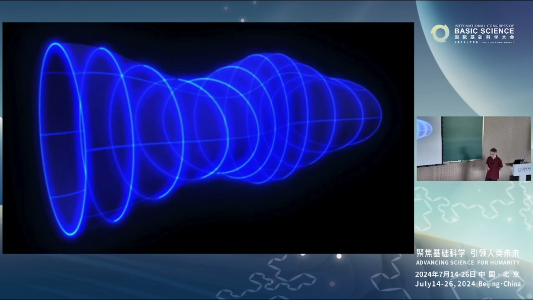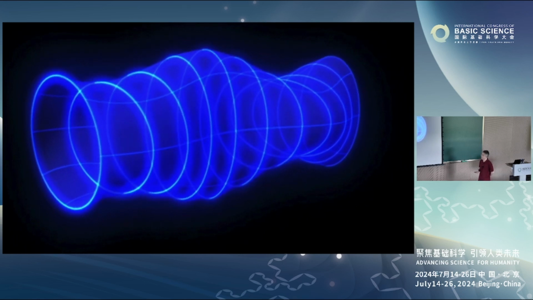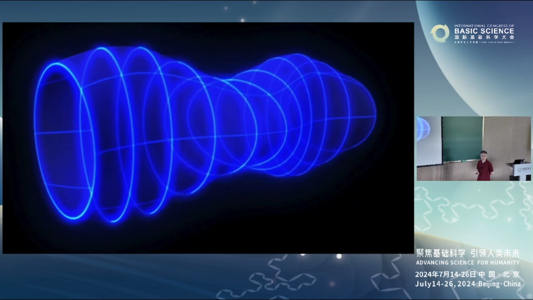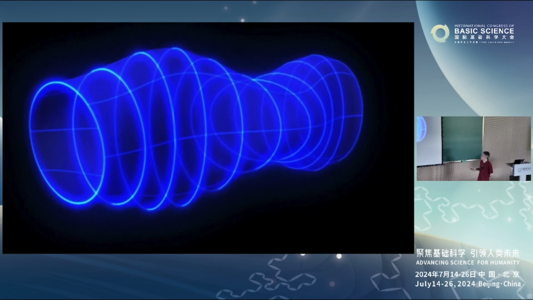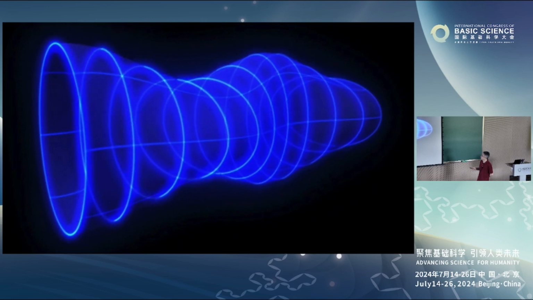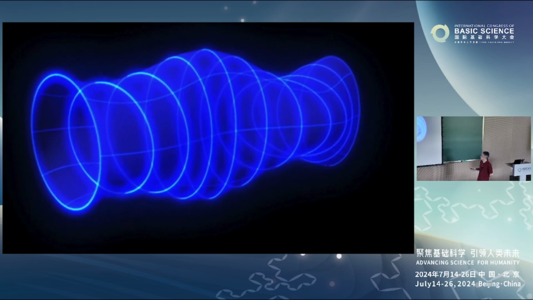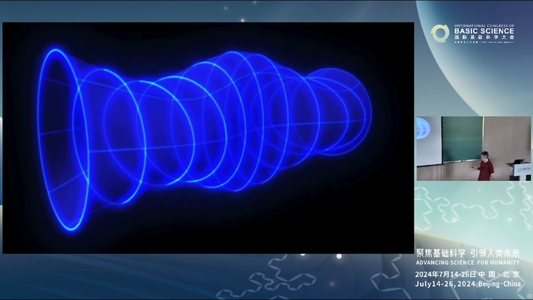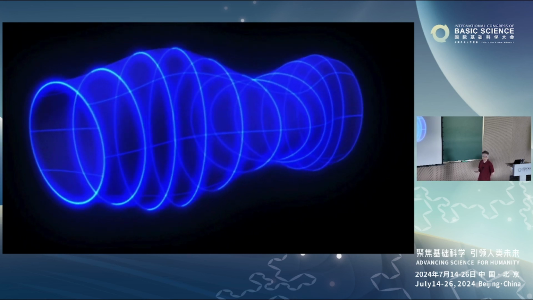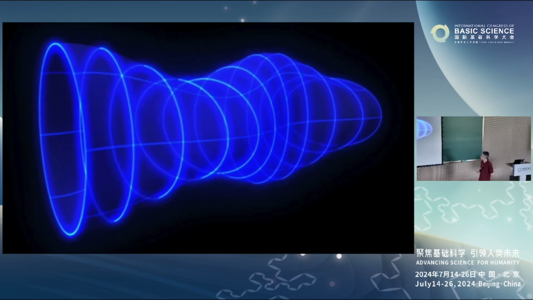Because general relativity predicts the gravitational wave should be quadrupole radiation, the gravitational wave can stretch space along one direction and squeeze along the other. So once we observe this effect, we can say we observe gravitational waves.